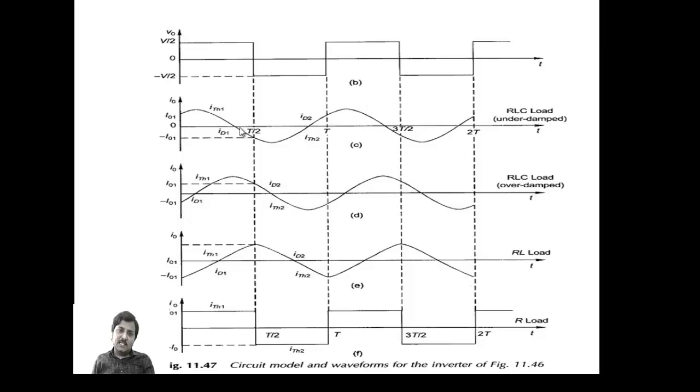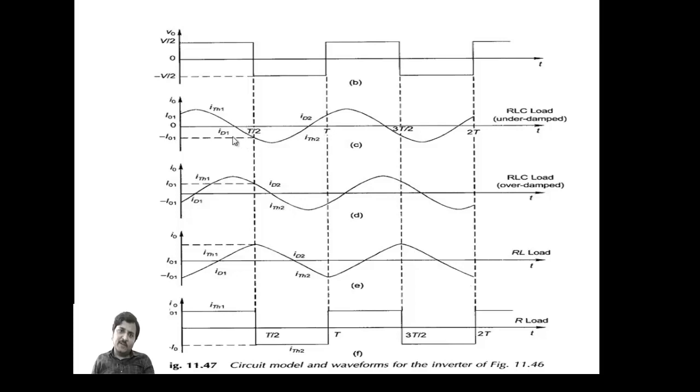When you see the RLC underdamped circuit, here the current is 0 but the voltage is positive. Up to this part, diode D1 will be connected. And again, if you see this part, the current is negative and the voltage is positive, and here again the conduction of diode D1 takes place.